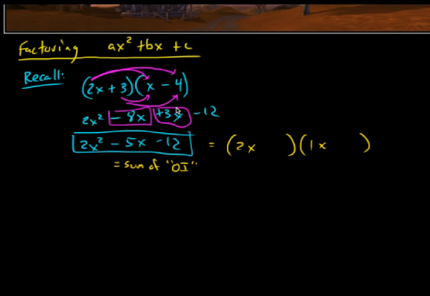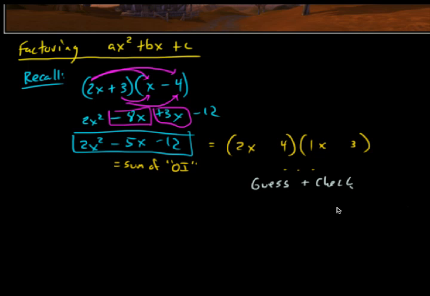Factors of 12 could be 3 and 4, could be 2 and 6, so I could try it that way, but then I'd also have to try it this way, because the 2 with the 1 versus the 2 with the 2 is different, or a 3 here and a 4 here, and a 4 here and a 3 here. And there is a guess and check method that will lead you to the answer. But it's not very reliable.